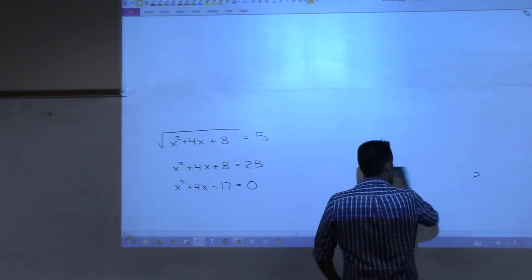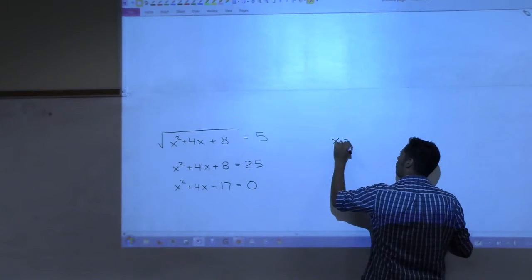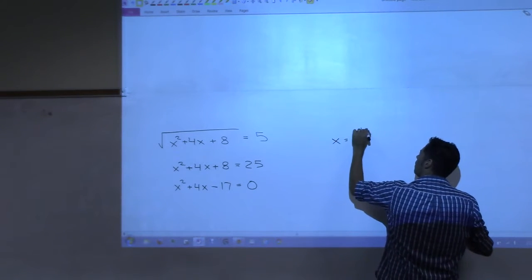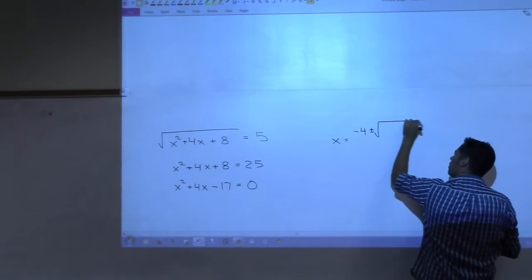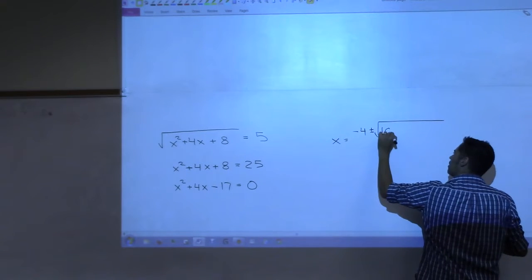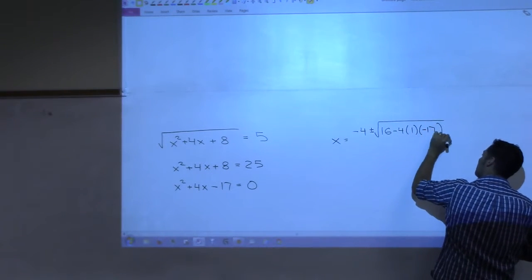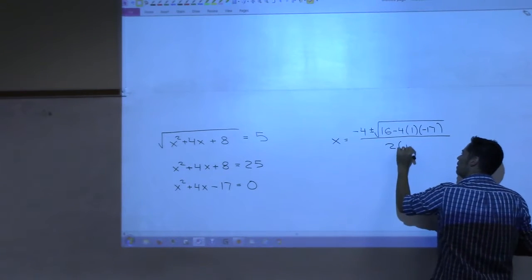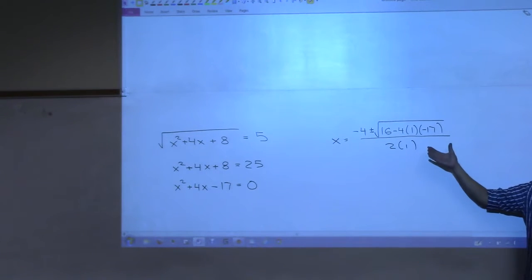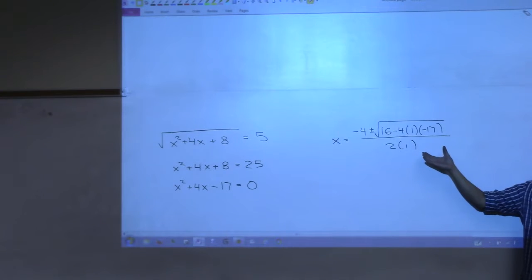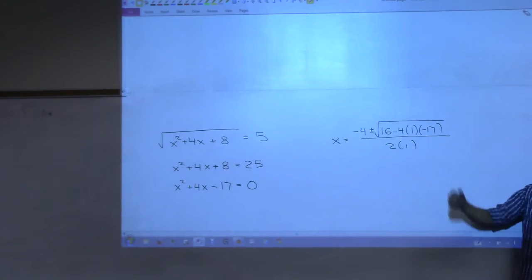Okay, so the quadratic formula says that the solutions to that will be negative b plus or minus the square root of b squared, which would be 16, minus 4 times a, which is 1, times c, which is negative 17, all over 2 times a. I'm assuming you've had some intimate meetings with this formula already. Know that formula.